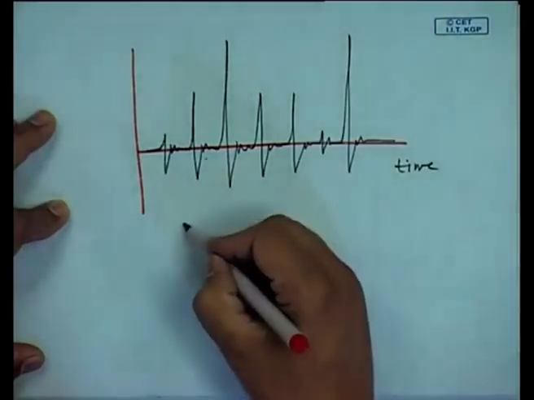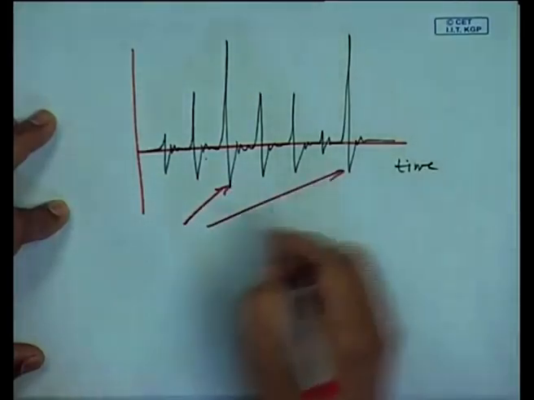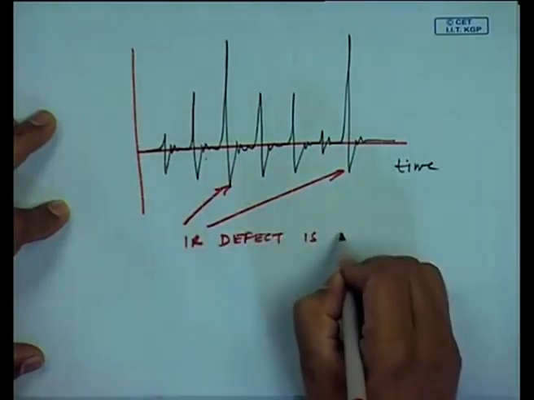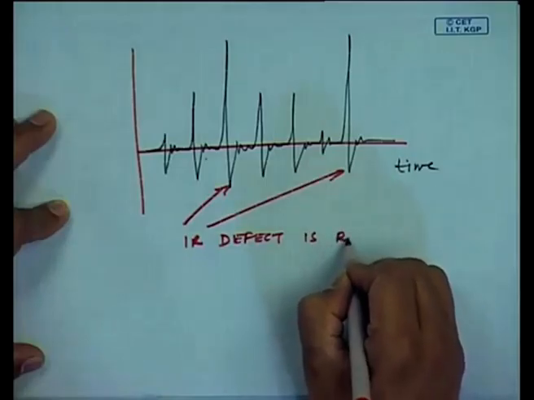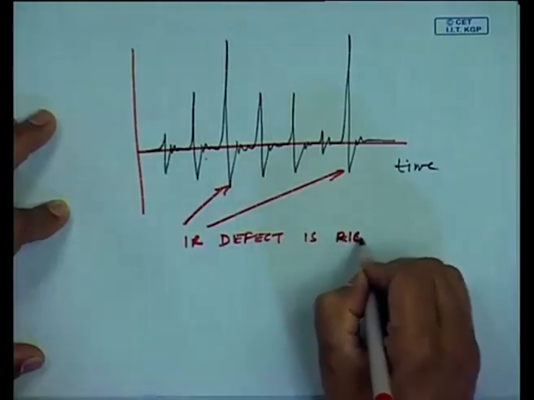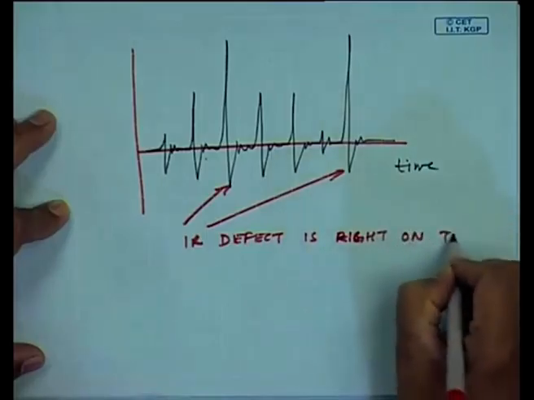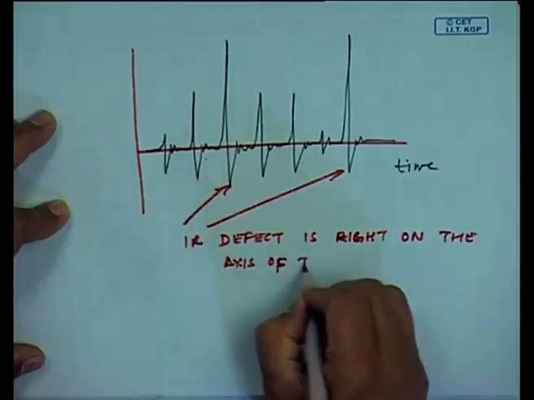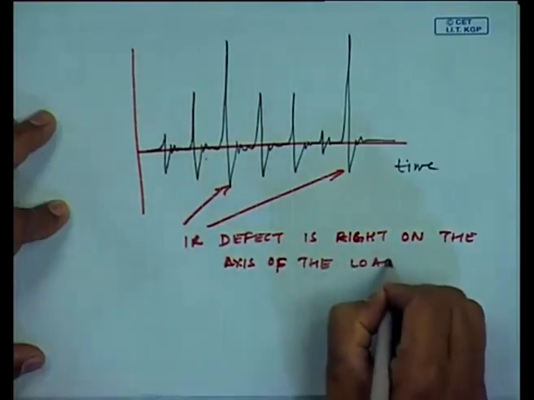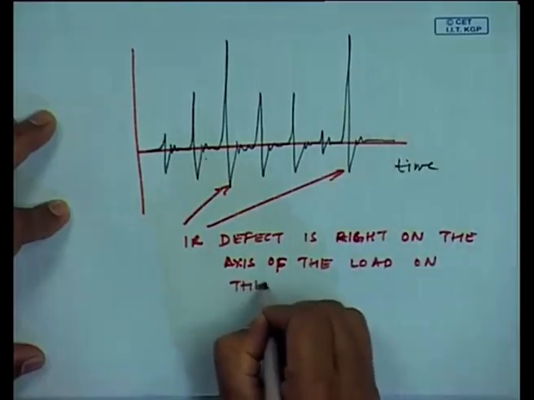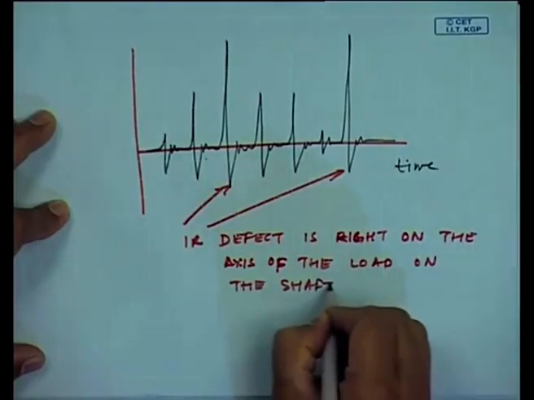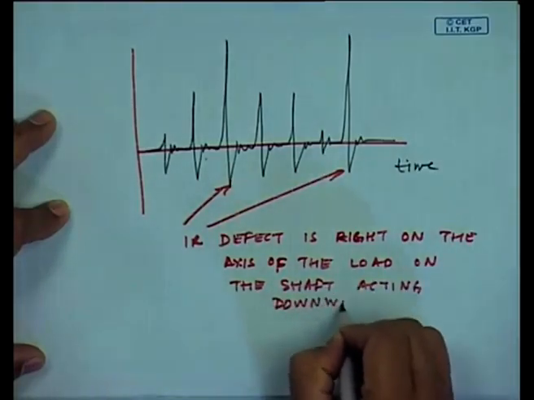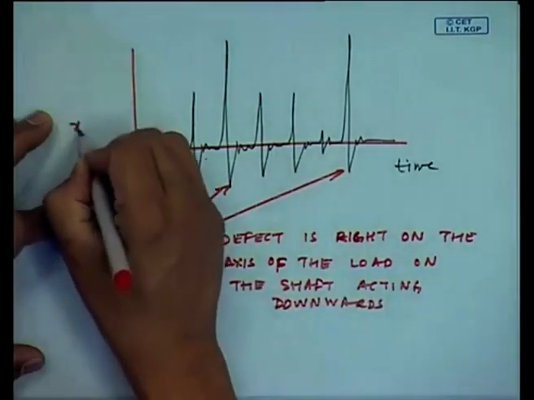These high peaks mean the inner race defect is right on the axis of the load on the shaft acting downwards, and of course, this is the vibration signal.